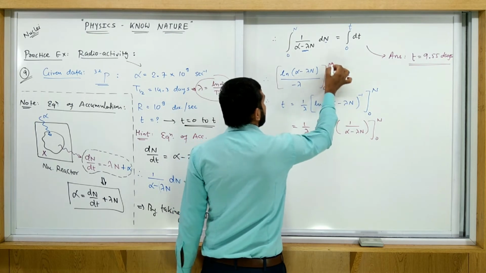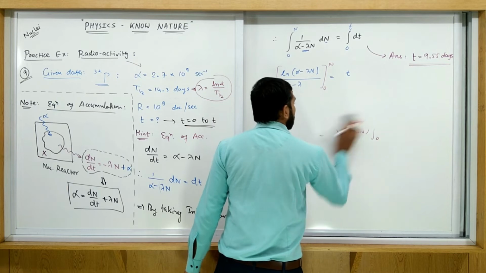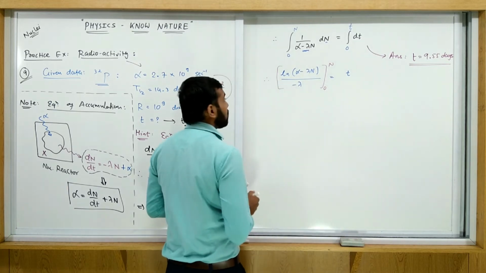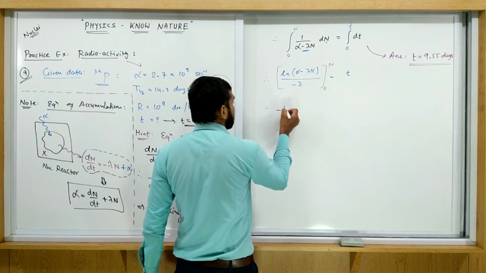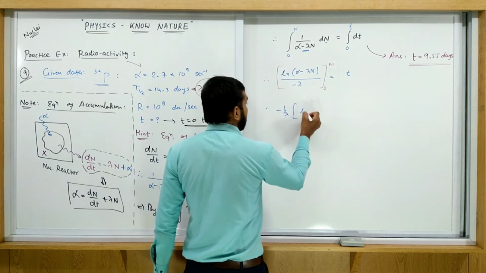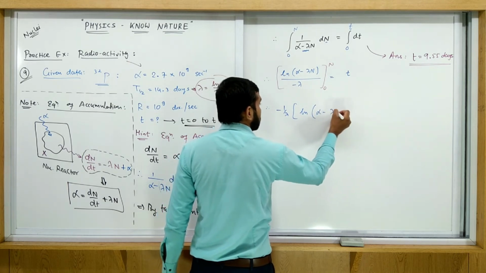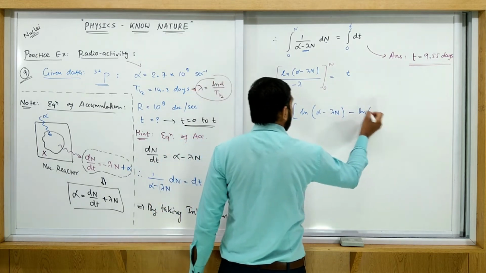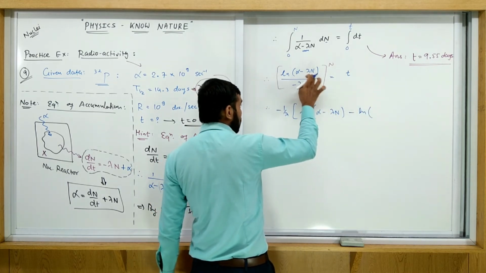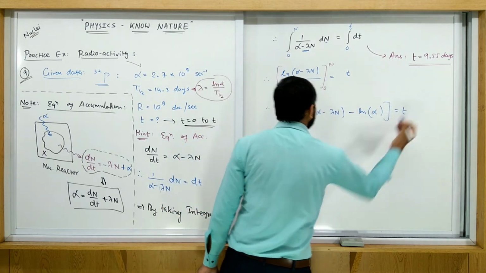Sorry, there is a small mistake: first we put the limit, then we multiply by the minus sign. So minus 1 upon lambda ln of alpha minus lambda N, put the limit N, and before you put the lower limit, put the minus sign: ln of alpha minus lambda times 0, so ln alpha, is equal to t.